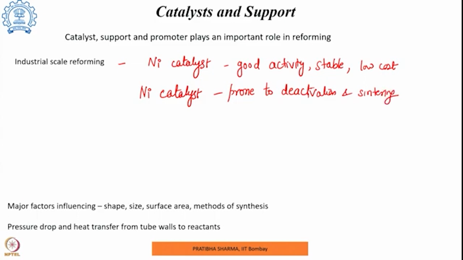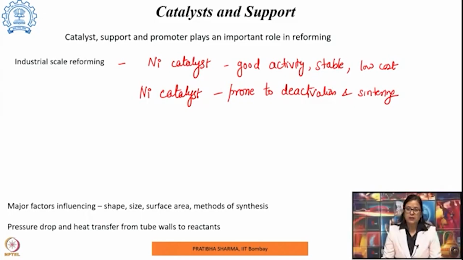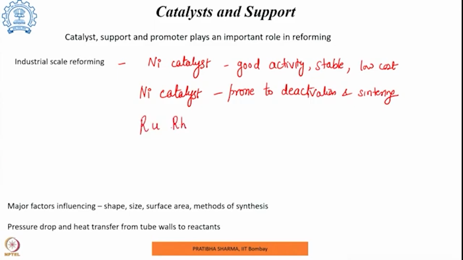So there are several other catalysts which have also been looked at by researchers, including the noble metal catalysts: ruthenium, rhodium, iridium, platinum, palladium. These have also been looked at for the reforming reaction. But the major issue that comes in while using them on an industrial scale is the high cost of the catalyst.